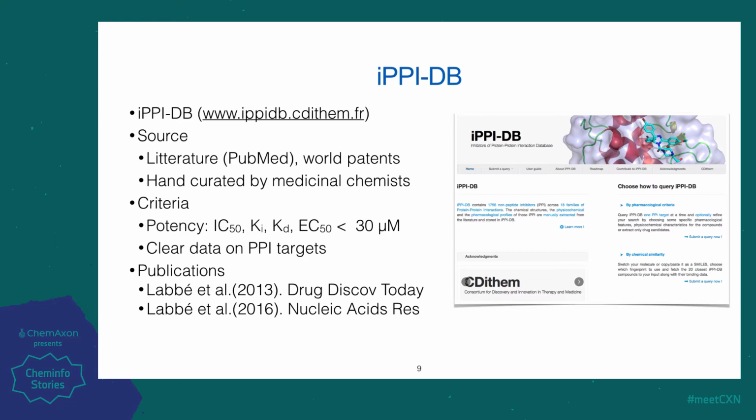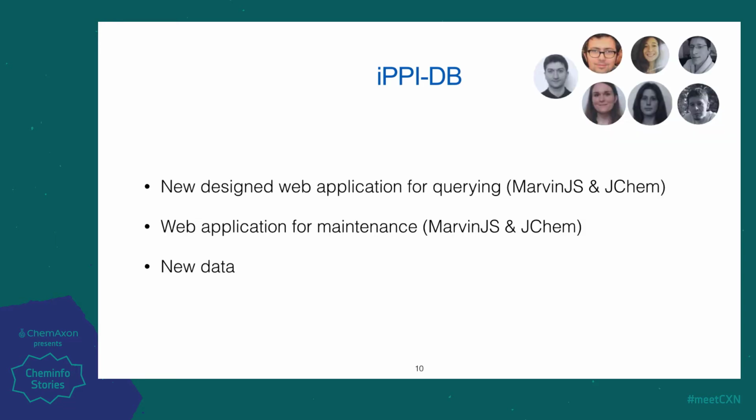And this project is now almost 10 years old, and from the beginning we have had the support of the Chemaxon products, and we are very thankful for that, because using MarvinJS and the JChem library, we combine those tools with other tools and provide web-assisted tools to provide the community with this database and this querying tool to help the community to better design the future generation of iPPI compounds.